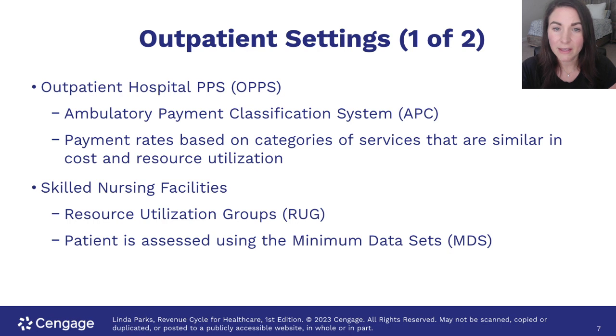Payment rates for this are based on categories of services that are similar in cost and that use similar amounts of resources. And I know I keep saying that things are grouped together based on similarities, but to give you an example of that, a chest x-ray would be grouped with an x-ray of your arm, whereas a swab to check for the flu would not be grouped with that, right?